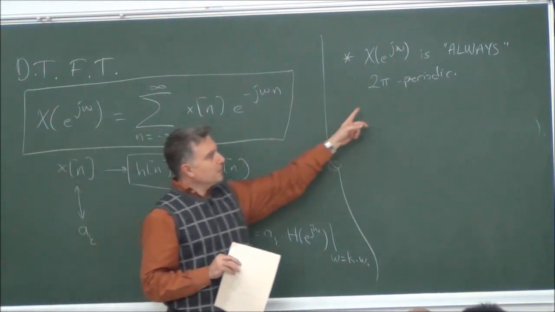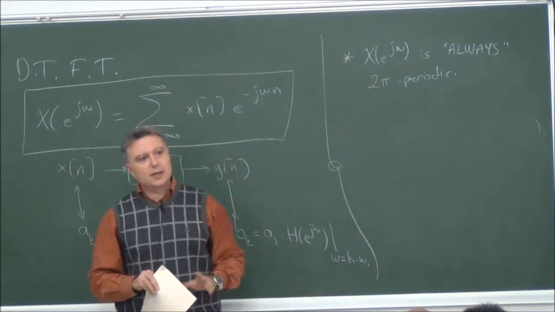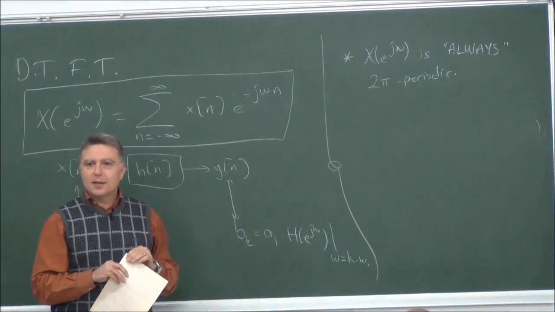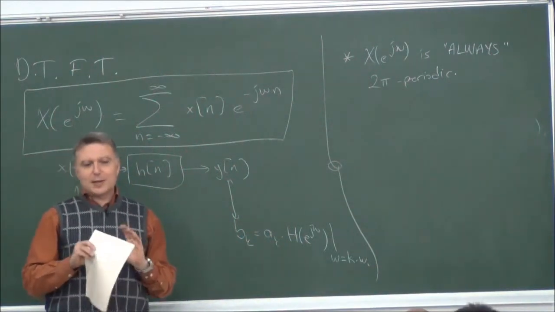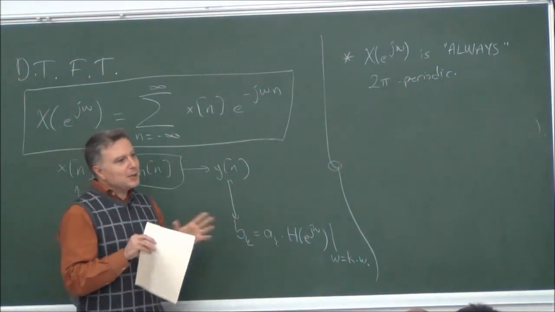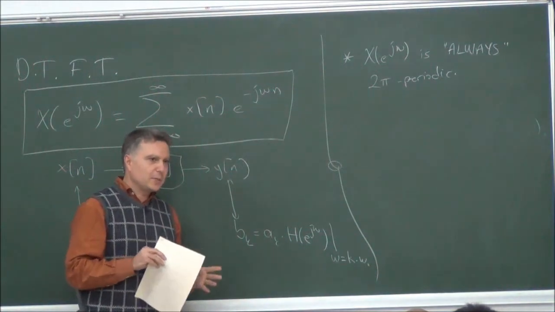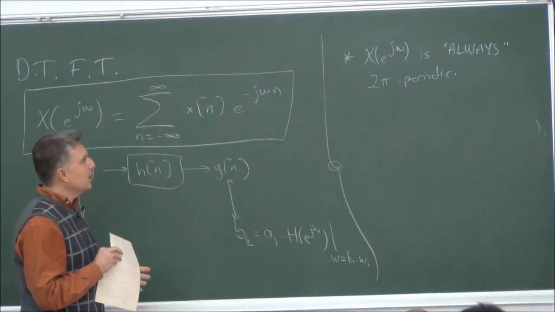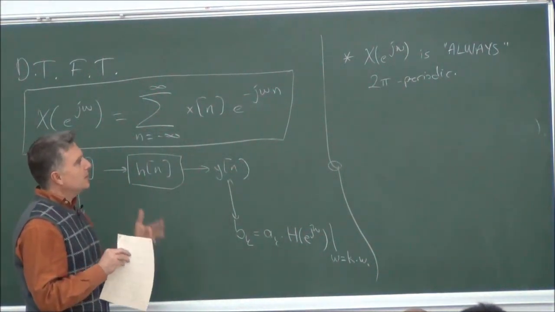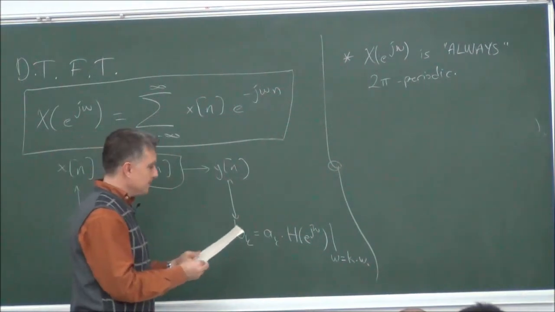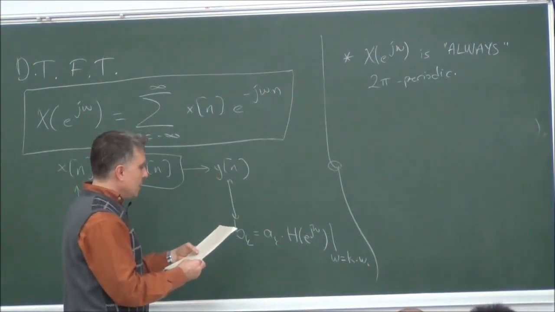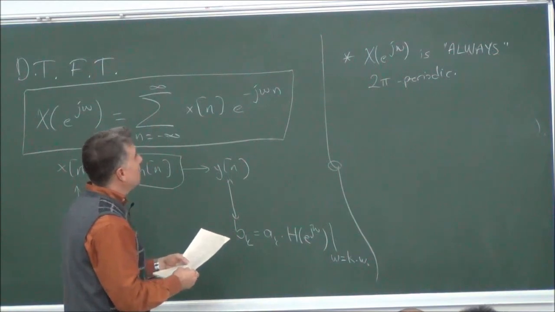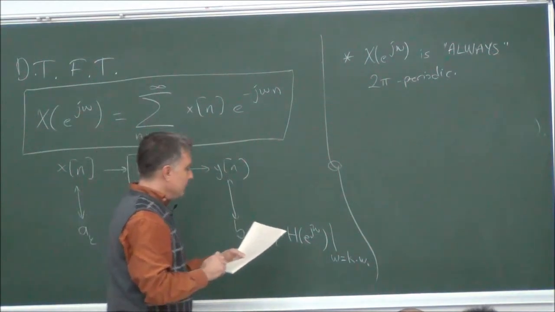Please check it. Is the expression that you get 2 pi periodic or not? If it doesn't look like 2 pi periodic, then probably you found something wrong. It must be 2 pi periodic. Okay, that's an important property that must be satisfied always. We will come back to that.